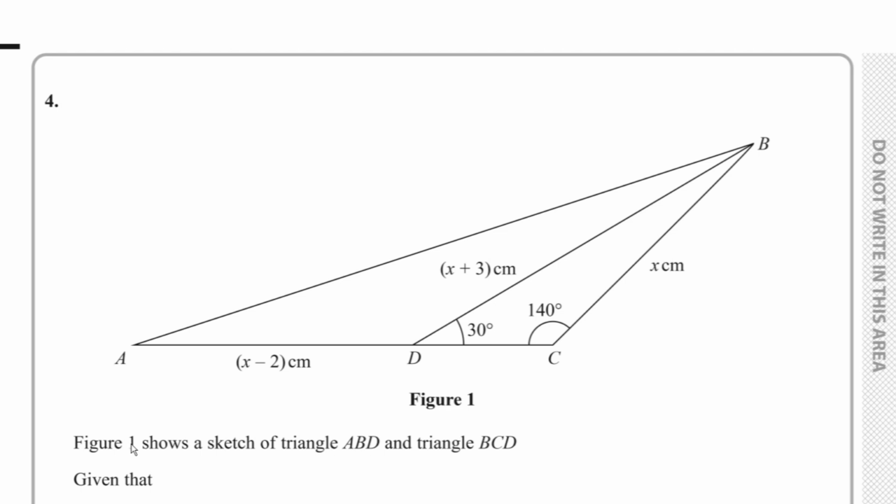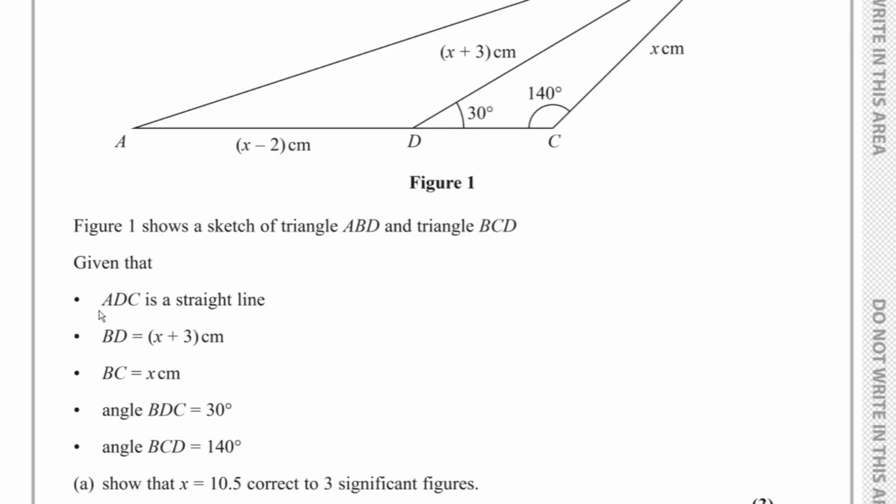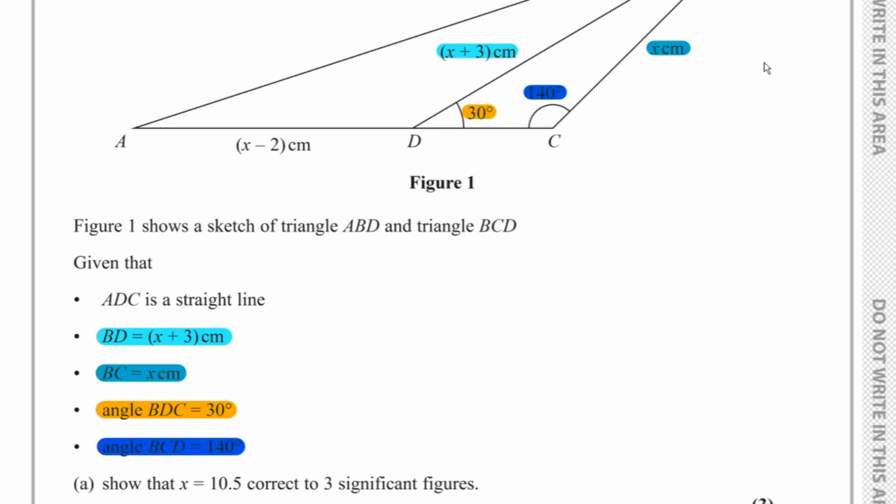Question number 4. Figure 1 shows a sketch of triangle ABD and triangle BCD. Given that ADC is a straight line, BD equals x plus 3 centimeters, BC equals x centimeters, the angle BDC is equal to 30 degrees, and the angle BCD is equal to 140 degrees.